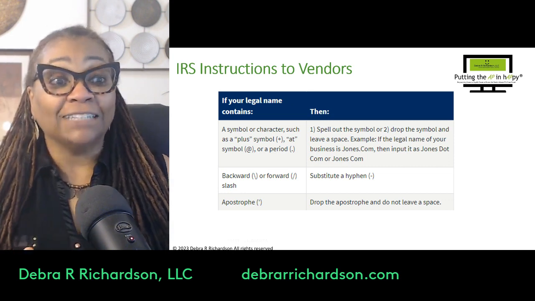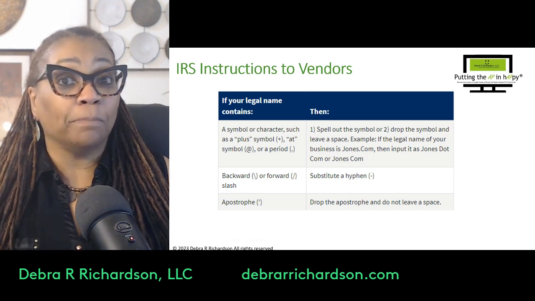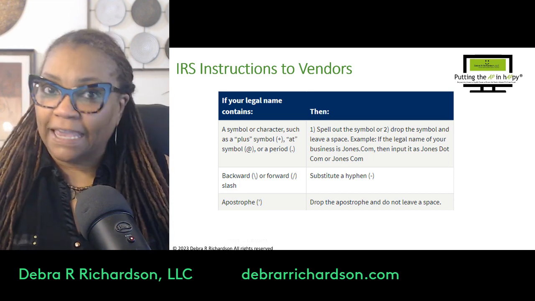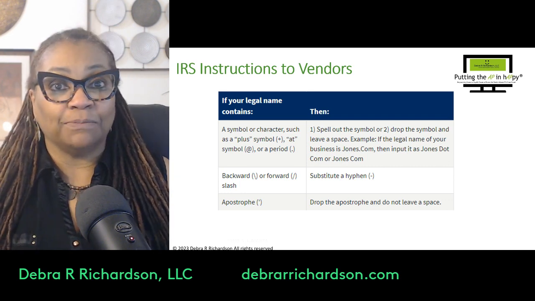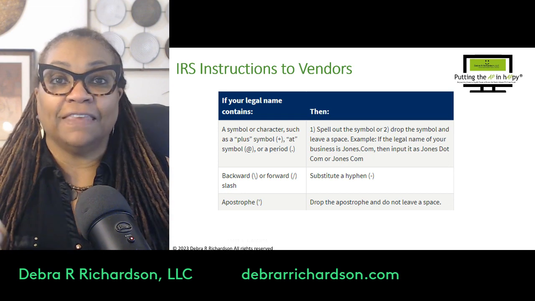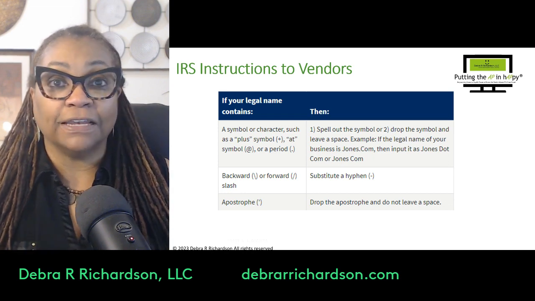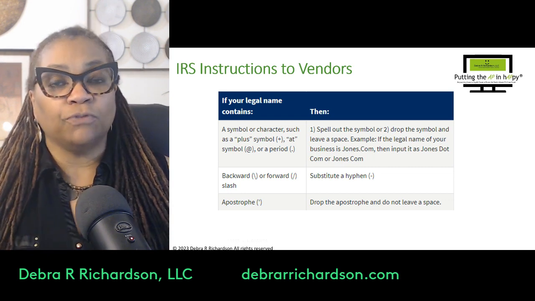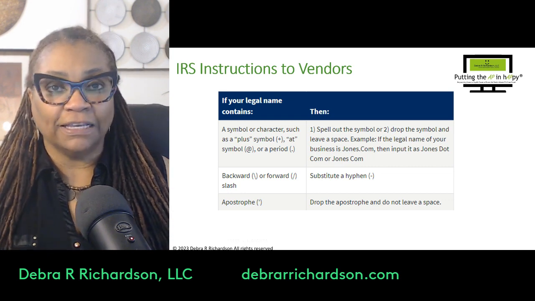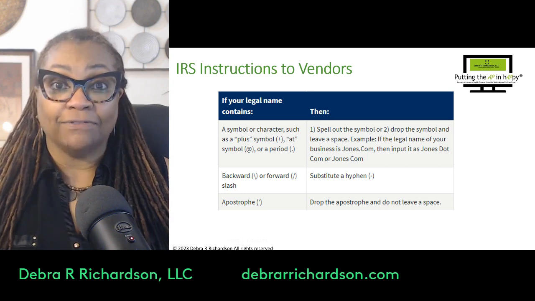The next one is if they have a forward slash or backward slash. You can't have that in the IRS TIN match, and so they can't have that in the vendor's legal name. The IRS suggests that they substitute a hyphen. So if you see a forward slash or backslash in the legal name on the W-9, substitute it with a hyphen.